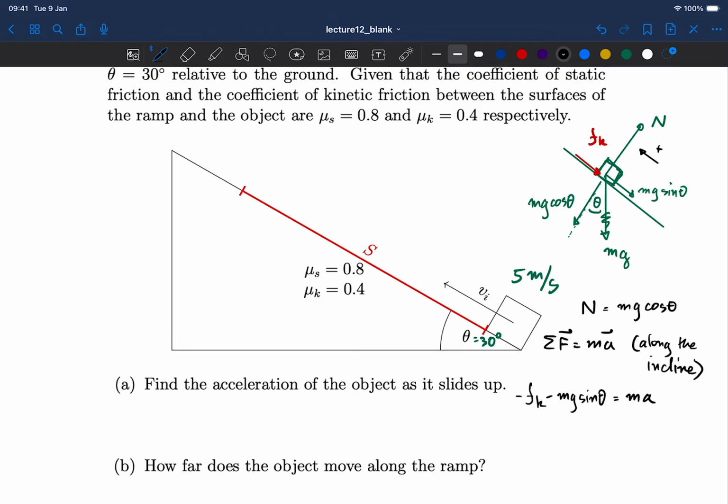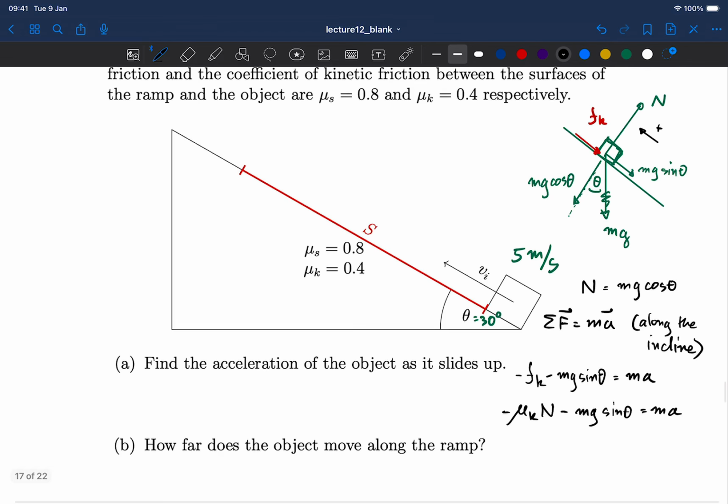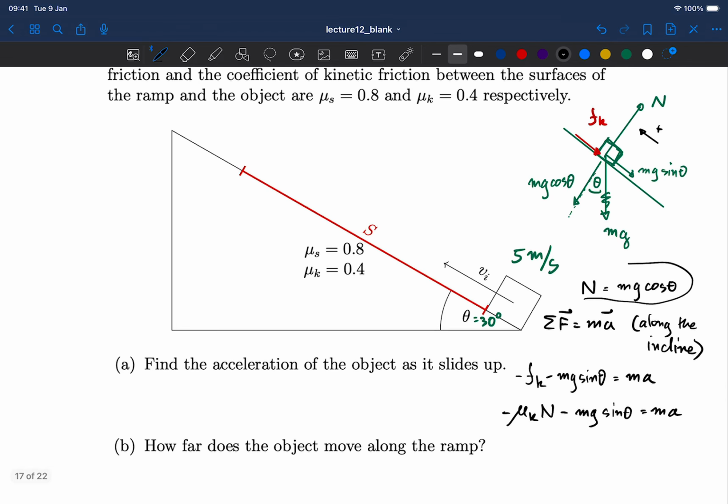And kinetic friction is mu k times n. But we already have n here, which is mg cosine. So it's minus mu k mg cosine minus mg sine equals ma.